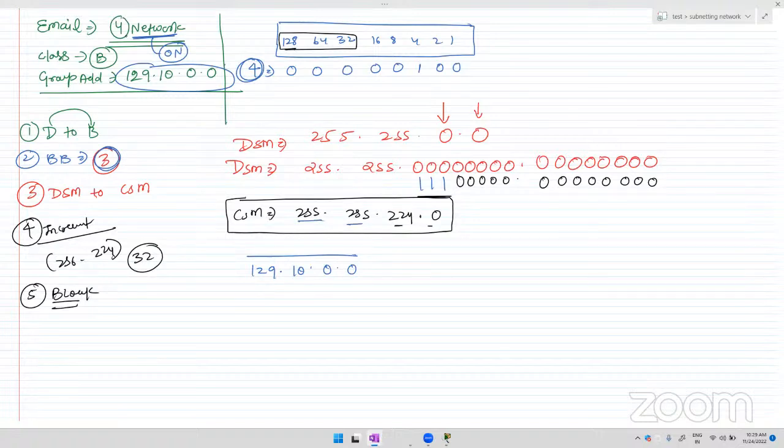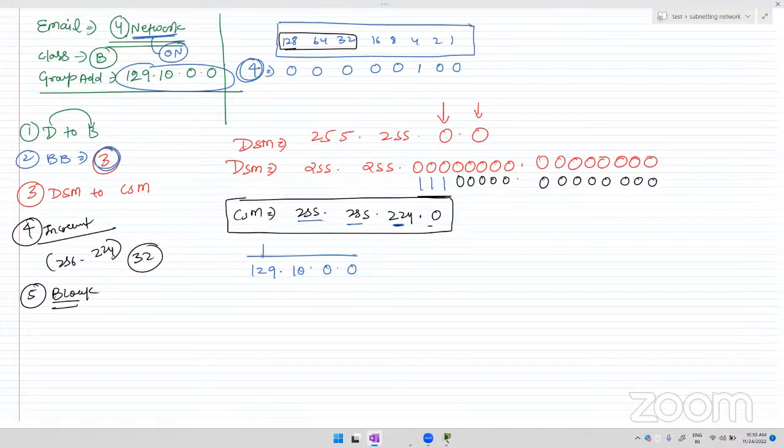The first 2 octets are full, but what about the third octet? 224 means it's free, we can fill now. If you are getting a 255, that means full. If you are getting a 0, that means free. So anything in between 0 to 254, we call free.